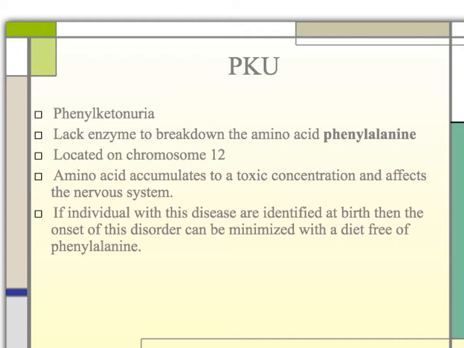So if we can identify individuals that are homozygous recessive for PKU, then we can put them on a diet that is free of phenylalanine and development will occur normally. However, if we give them foods that contain the amino acid phenylalanine, it can cause some developmental problems.